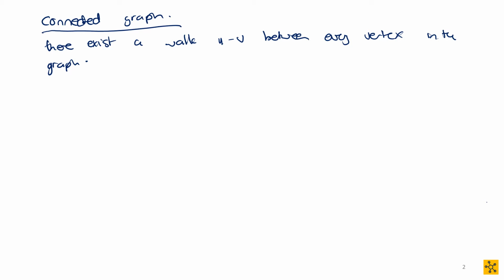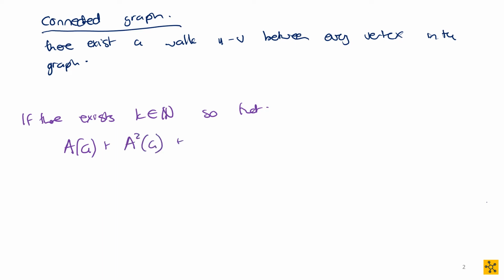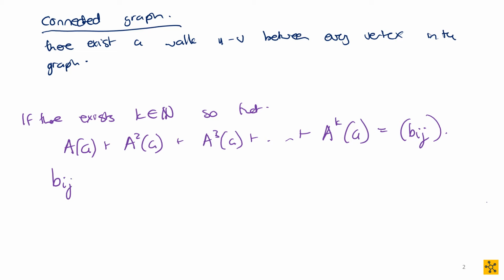It's an approach that if there exists a k such that when you sum your adjacency matrix plus your adjacency matrix to the power of 2 plus your adjacency matrix to the power of 3 plus all the way to your adjacency matrix to the power of k, there exists a situation where all the elements in the summation of your matrices are not equal to 0, then G is connected.